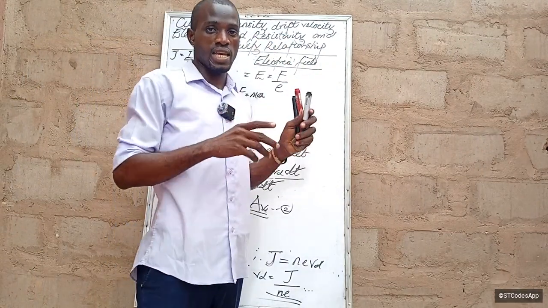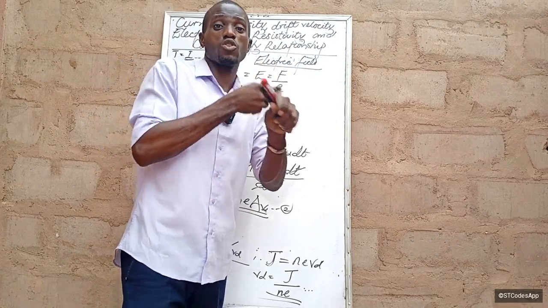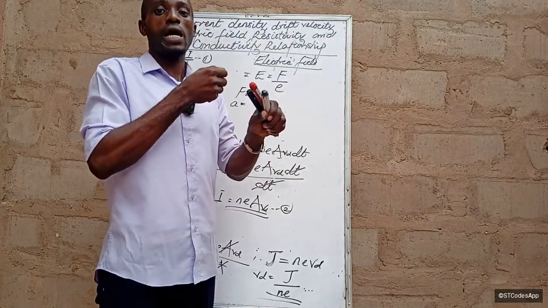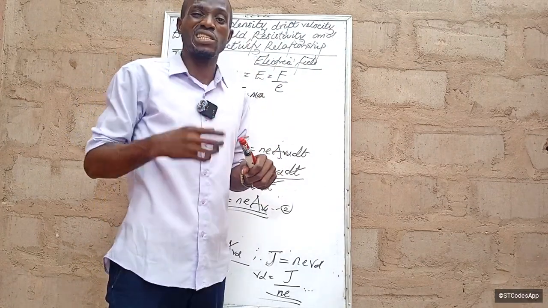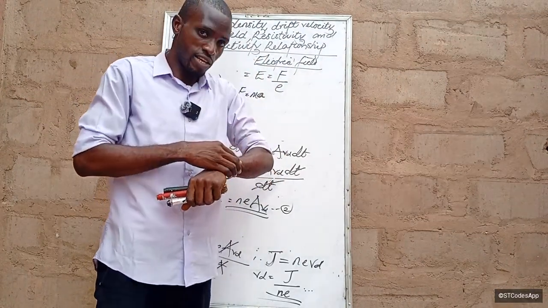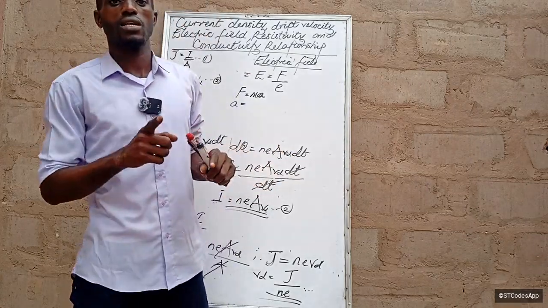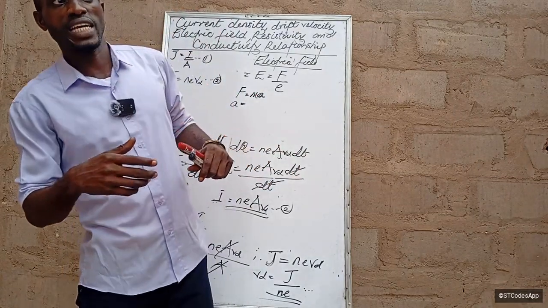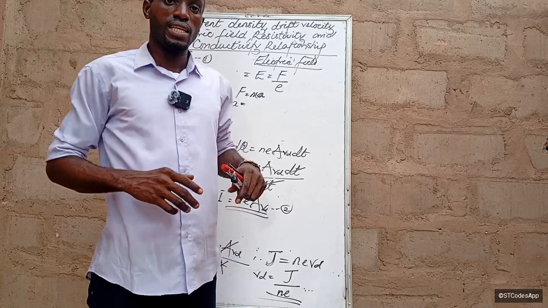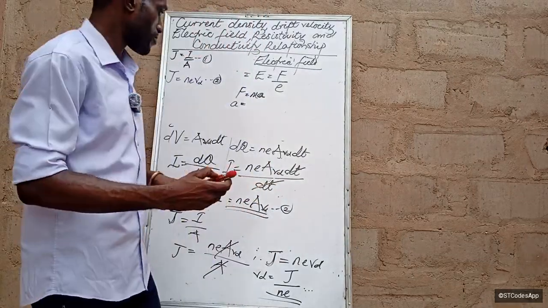It's those collisions with the lattice that cause it to vibrate, and that vibration generates heat energy. Do you understand now? It's that heat energy that is lost as heat, as the internal resistance of that cable. Do you understand now? All right.